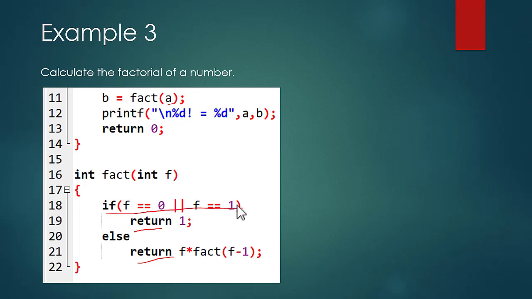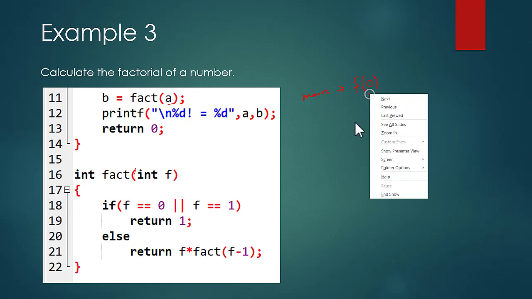So let us take the main function calling the fact function with the value 0, and we know that the factorial of 0 is 1. So what will happen here is that f will get the 0 value. As f is 0, this condition is true. So the fact of 0, when we call that one, will return the value 1 to the main function.